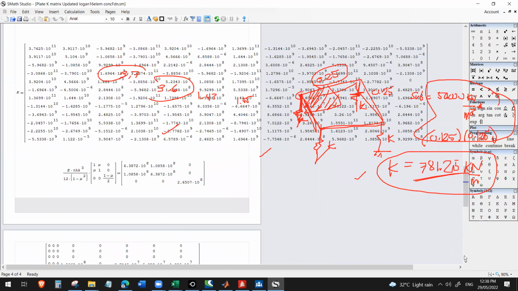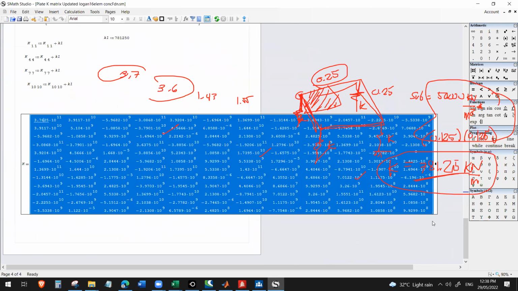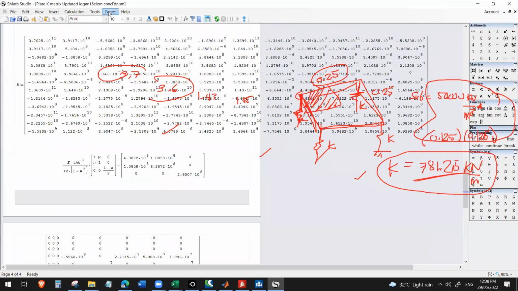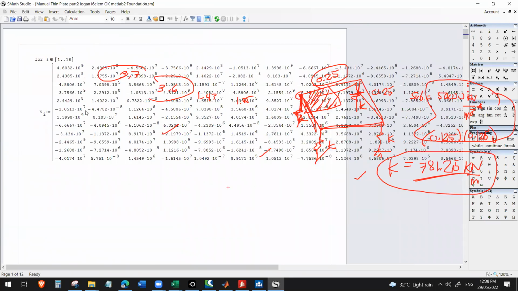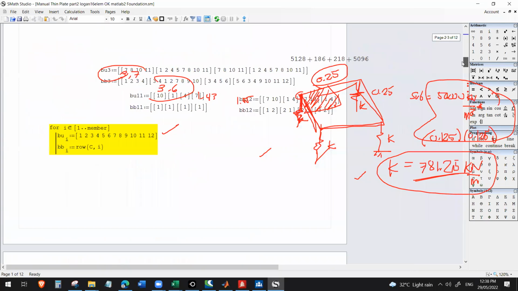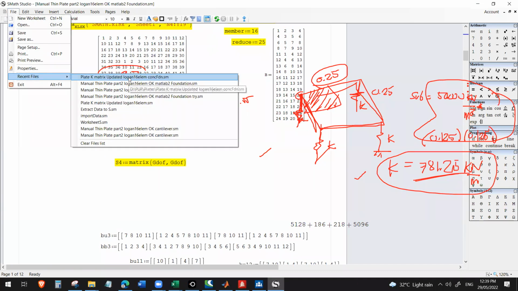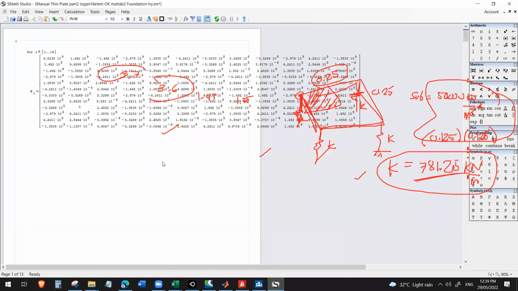Okay. So after that, let's copy this. Copy this. And then, paste it here. Okay. However, here, I don't know if it can handle that. Foundation. Is this it? Try this.